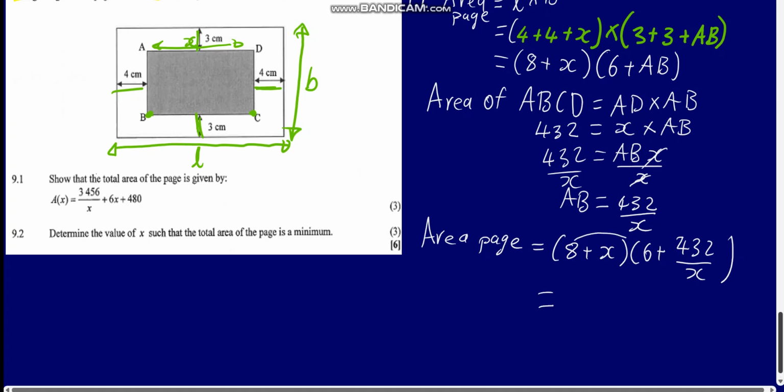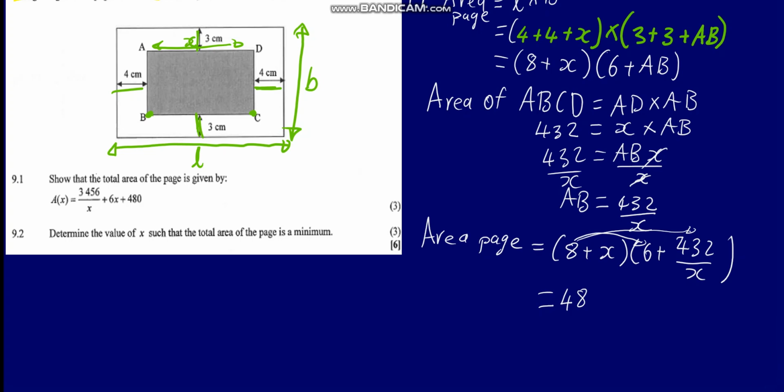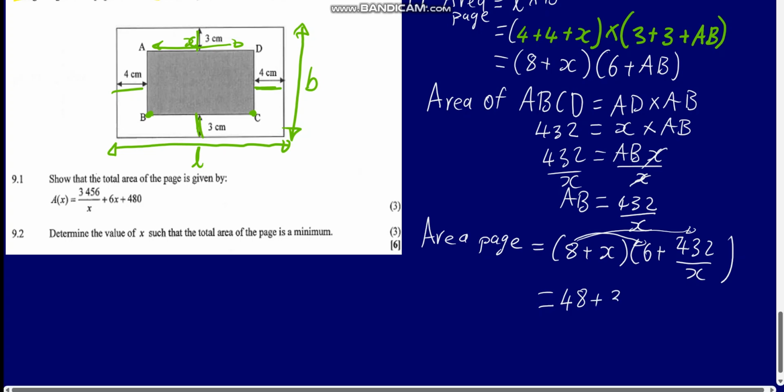Right, so 8 times 6 would give us 48, and then 432 times 8, we will get plus 3456 over x, right?